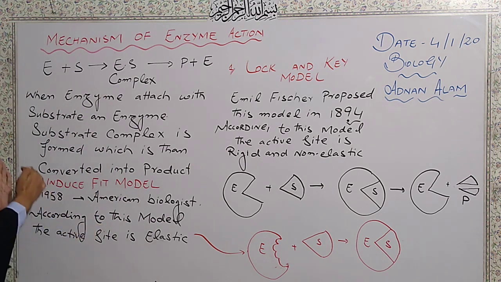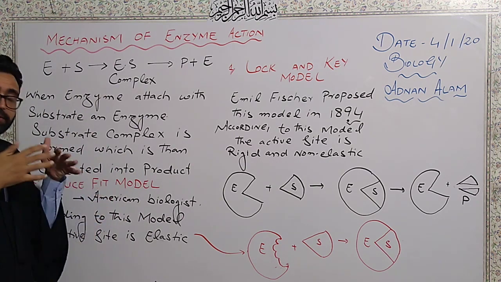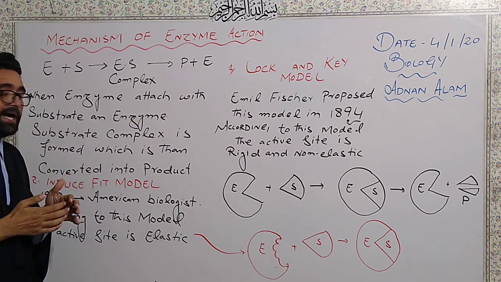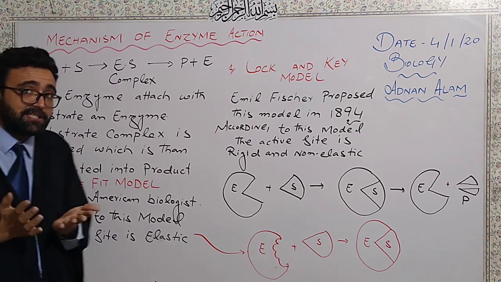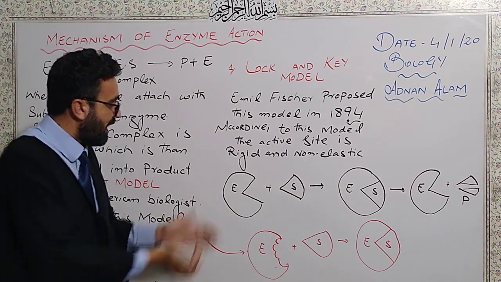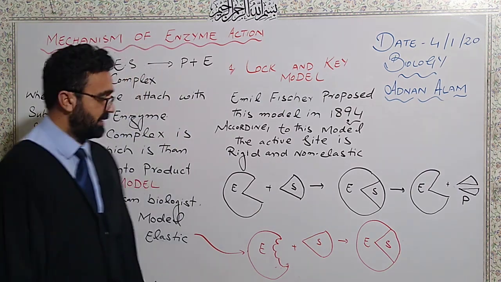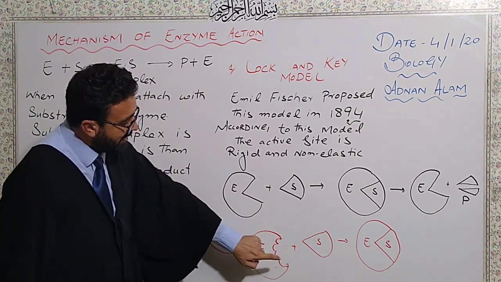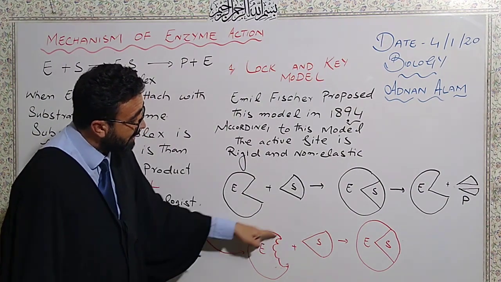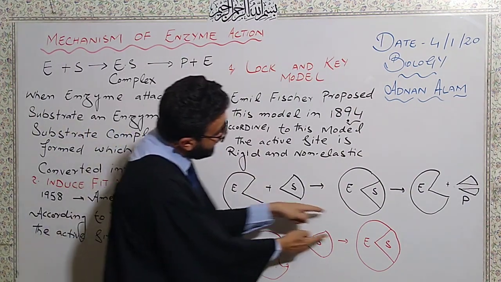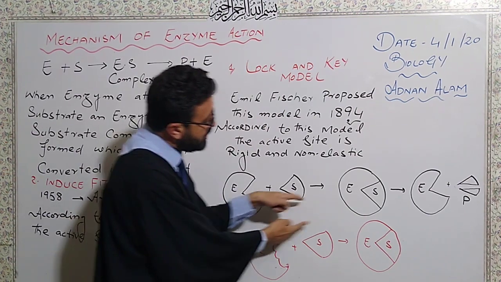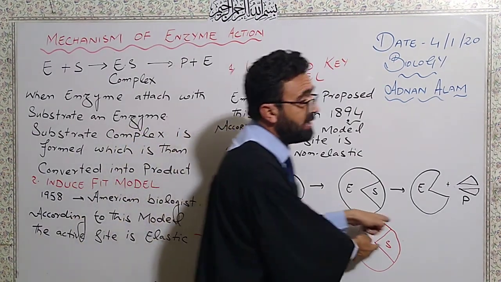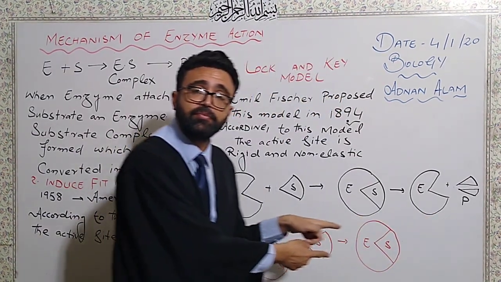According to this model, the enzyme active site is elastic and can change itself according to the shape of the substrate. Look at this enzyme: its active site is different from the substrate, but the enzyme active site changes itself according to the substrate and the ES complex is formed.